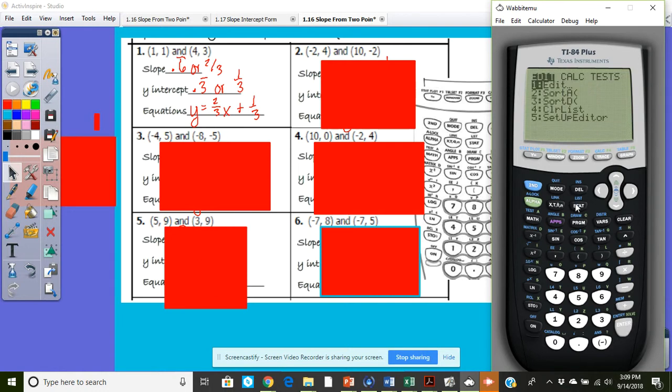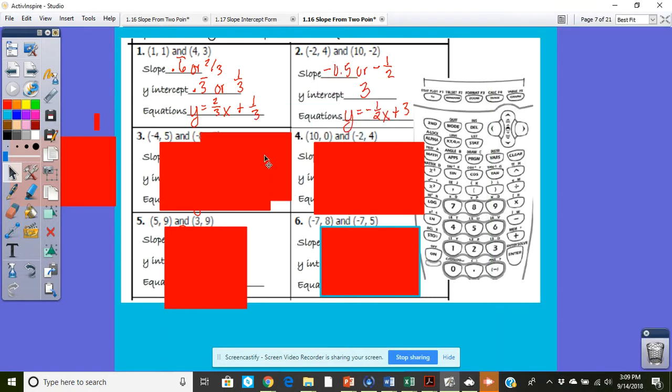Once you get them in, stat, go to calculate, 4, and then arrow down till you get to calculate and hit enter. A, or our slope, is -0.5. B, or our y-intercept, is 3. -0.5 is the same as -1/2. So we plug slope into the first place for A. So y equals -1/2 x plus 3.